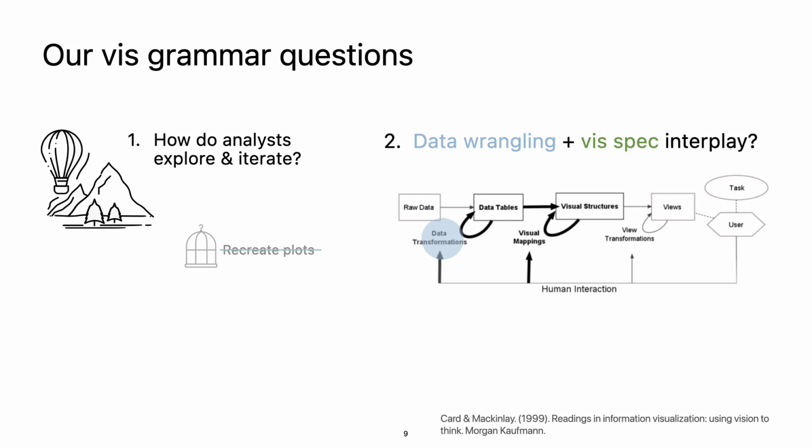But data wrangling should be a big part of the visualization process as depicted in various models, like the reference model shown here. So how do we capture the iteration and data wrangling context while evaluating these popular visualization grammars in practice? In this paper, we answered these two questions with a qualitative study with video recordings and interviews.